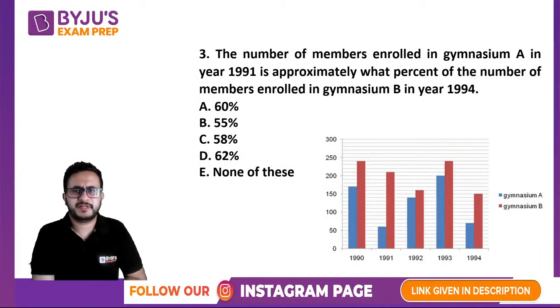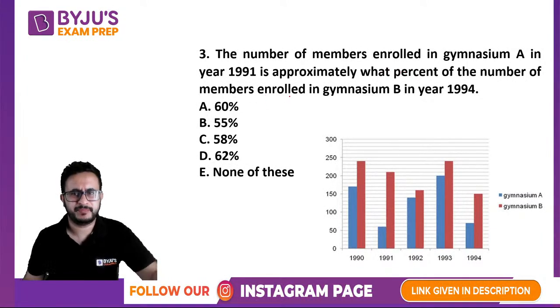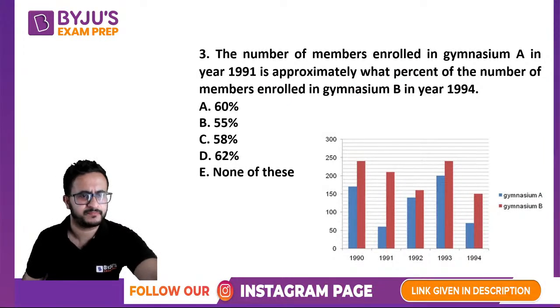The number of members enrolled in Gymnasium A in 1991 is approximately what percentage of the number of members enrolled in Gymnasium B in the year 1994?